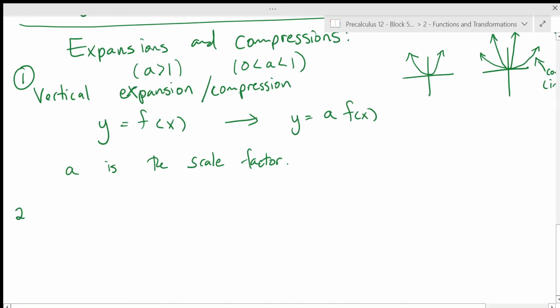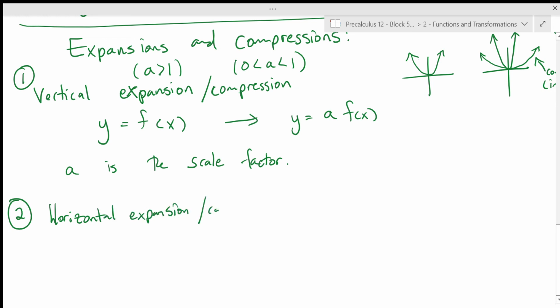So now we have our second kind, which is a horizontal expansion and compression. And you won't really have to do a whole lot generally with horizontal expansions and compressions until we get to trig.